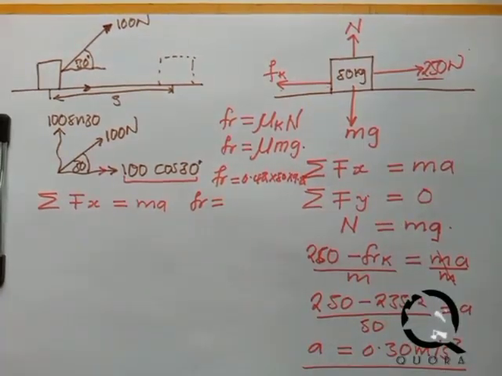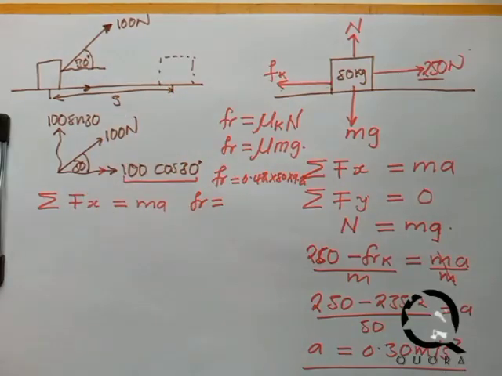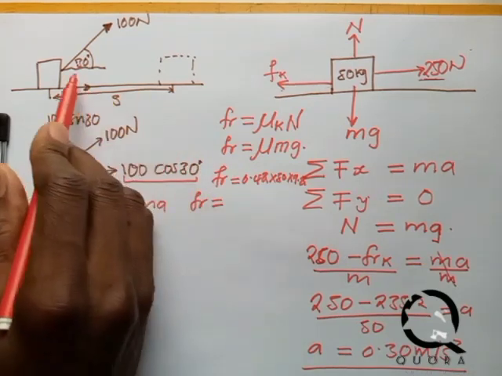First of all, we need to find the acceleration. That's when you can find the actual distance it covers. This has to be the force which is making it move forward.